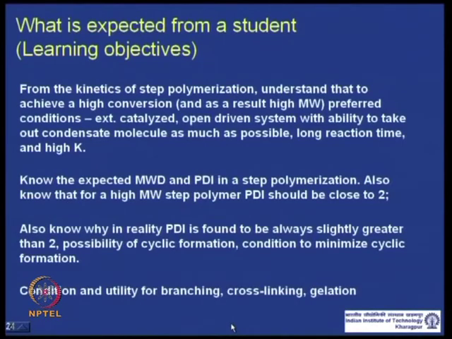And a student should know the conditions, and what are the monomers to be used if you want branching or cross-linking, and if you do not want it, what are the monomers you should not use for branching. You should also know the utility.